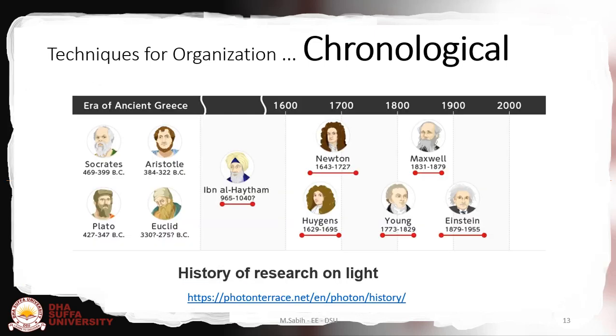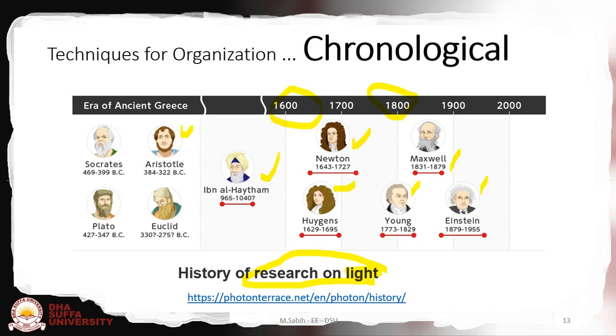This is another chronological order, of the research done especially on light. Different researchers and scientists, for example Aristotle, Ibn al-Haytham, Newton, Huygens, Maxwell, Einstein, and Young, at different times, what they did related to light.